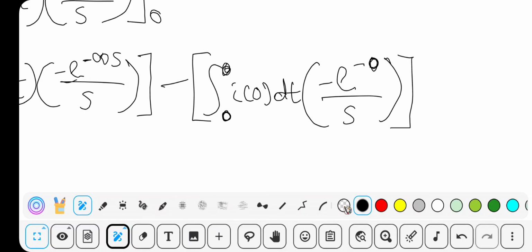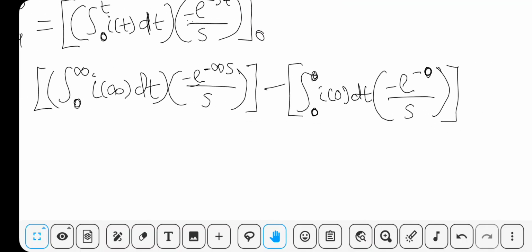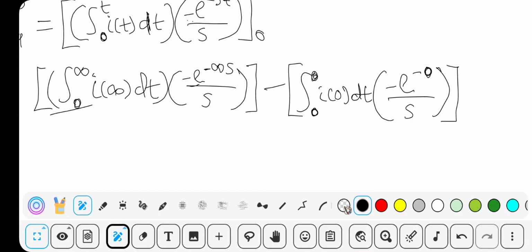This is for the lower limit. So now let me tell you something. e^(-infinity) is equal to 0. So everything here becomes 0. And the integral of i(t) dt from 0 to 0 means that we didn't actually integrate anything.